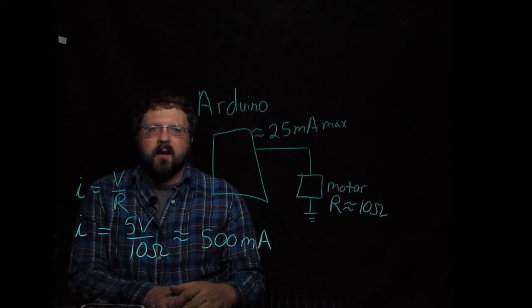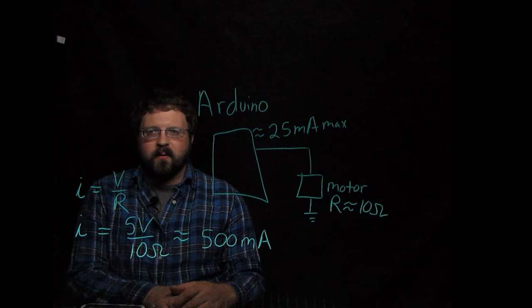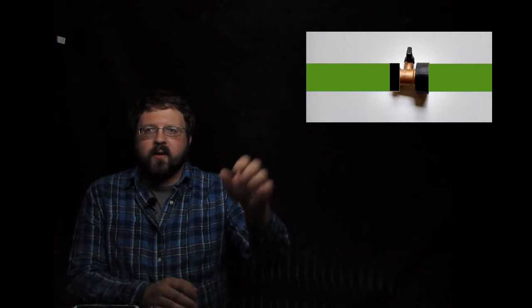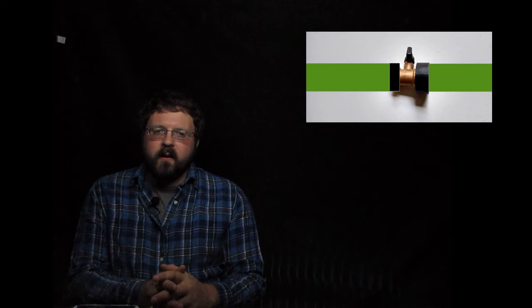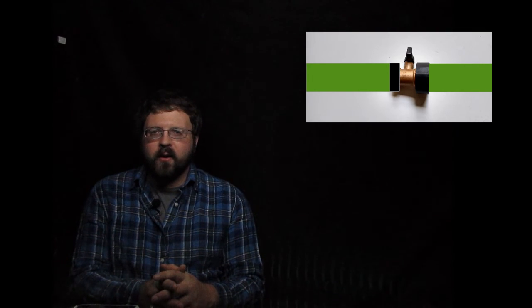So let me clear the board here, and we'll look at an analogy to the transistor, which is a garden hose valve. Okay, so here we've got a picture of a typical garden hose valve. You can see the green hose on either end of the valve. And the valve has essentially 2 positions.